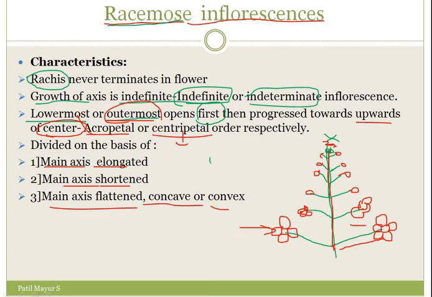Therefore it is called indefinite or indeterminate inflorescence. The lowermost or outermost flower opens first, then the uppermost and central or innermost flowers. Based on the morphology of the main axis, it is divided into subtypes: main axis elongated, shortened, flattened, concave or convex.